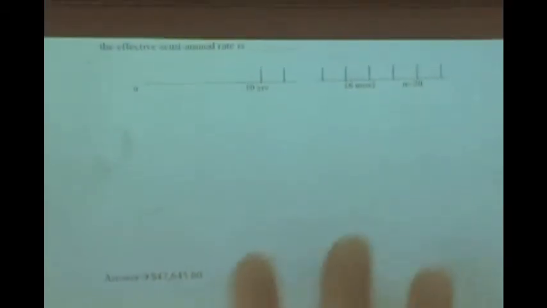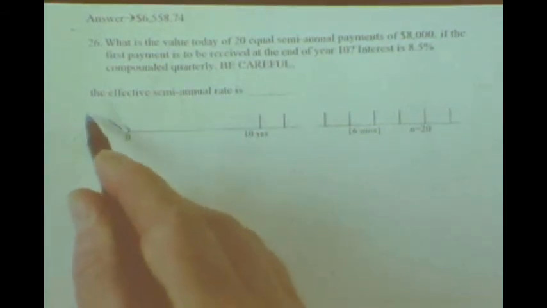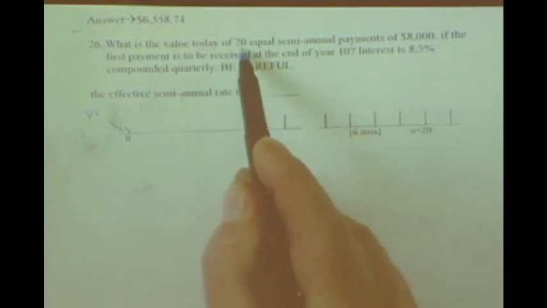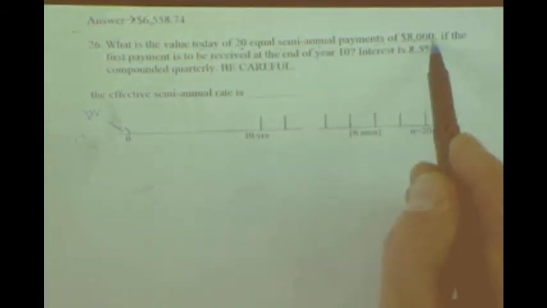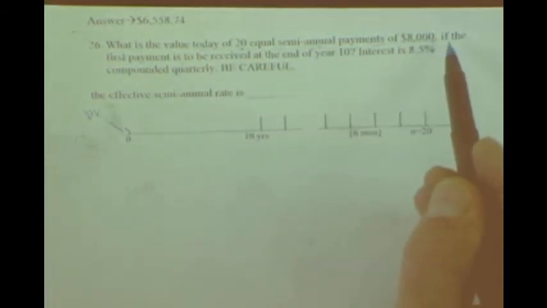And question 26 in the primer says, what is the value today of 20 equal semi-annual payments of $8,000?